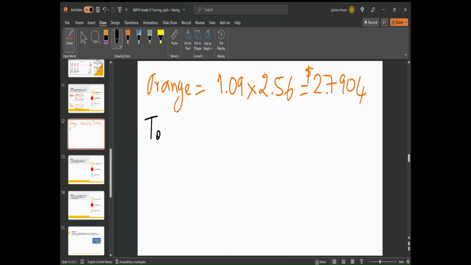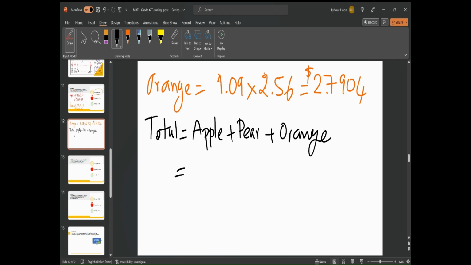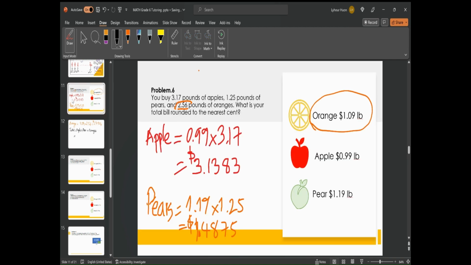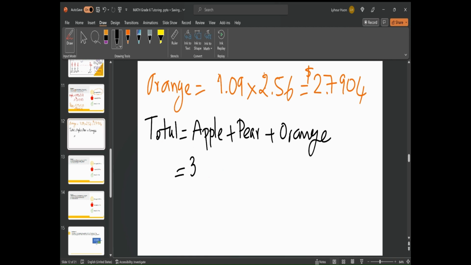So the total bill will be adding the apple's cost, pear cost, and orange cost, which is equal to the apple we found earlier, 3.1383 dollars, plus here we found 1.4875 dollars, plus orange is just right here, 2.7904.